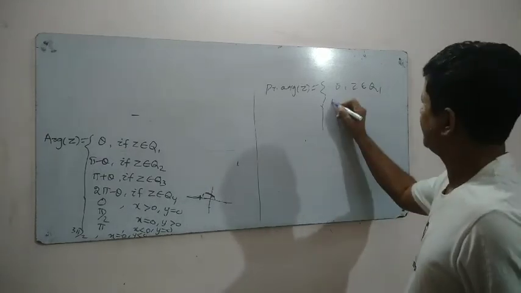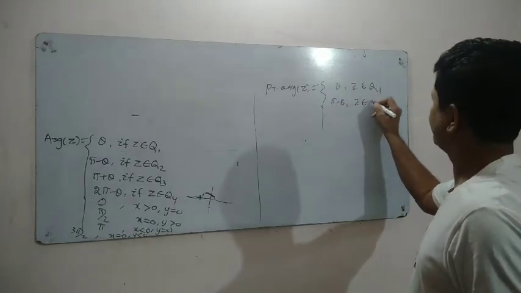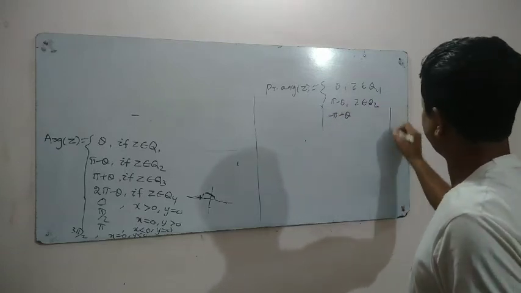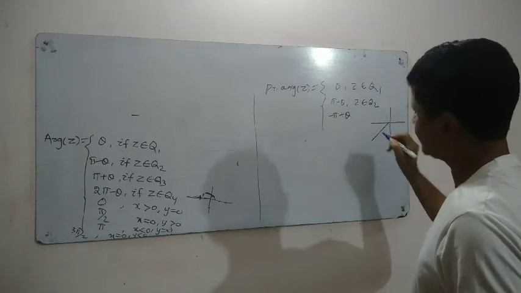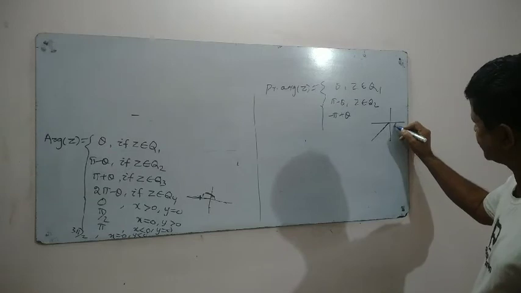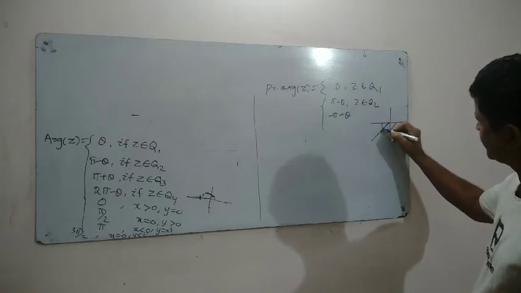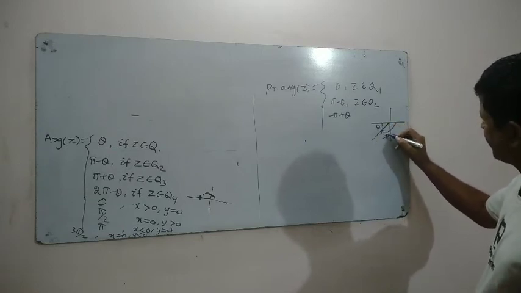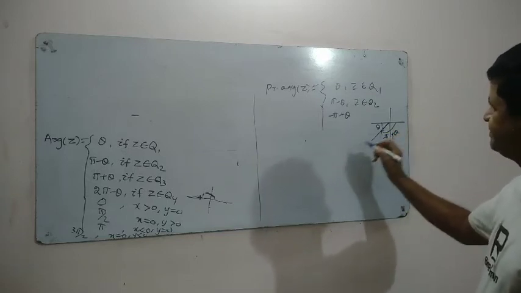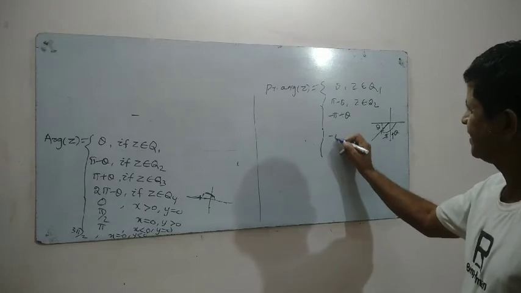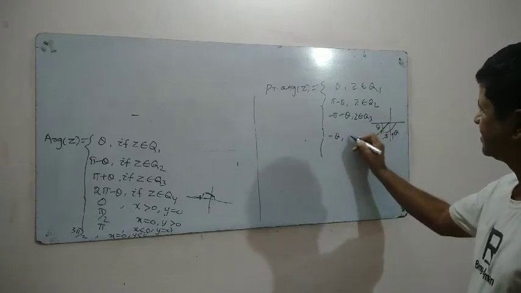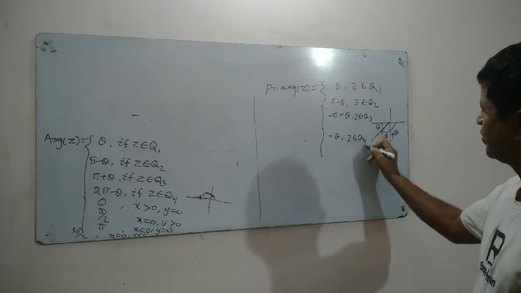Pi minus theta for z belongs to Q2, and it is minus pi plus theta for Q3. Then it is minus theta for z belongs to Q4.